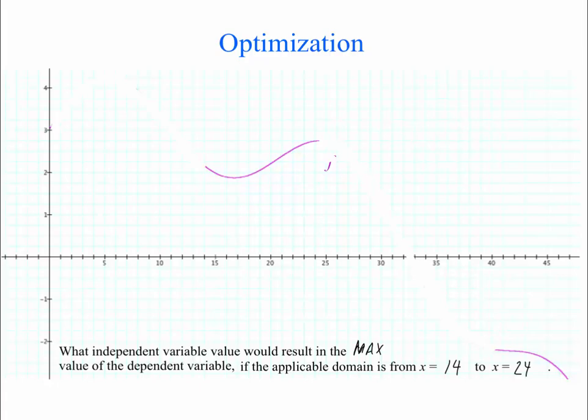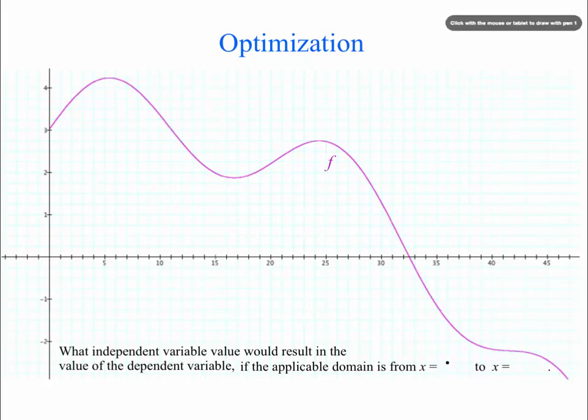From 14 to 24, which x value is going to give us the best, in this case, the maximum? 24. So we kind of have to look for a pattern here. What is happening? Let's go back to the first one. What happened in the first one? 0 to 30.